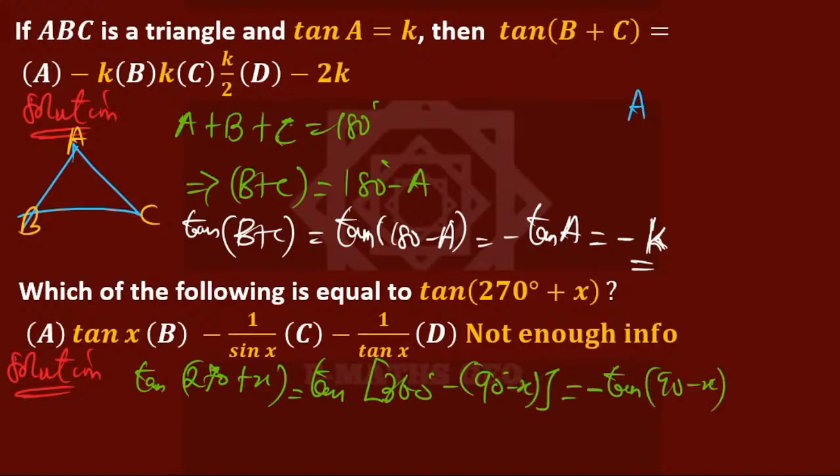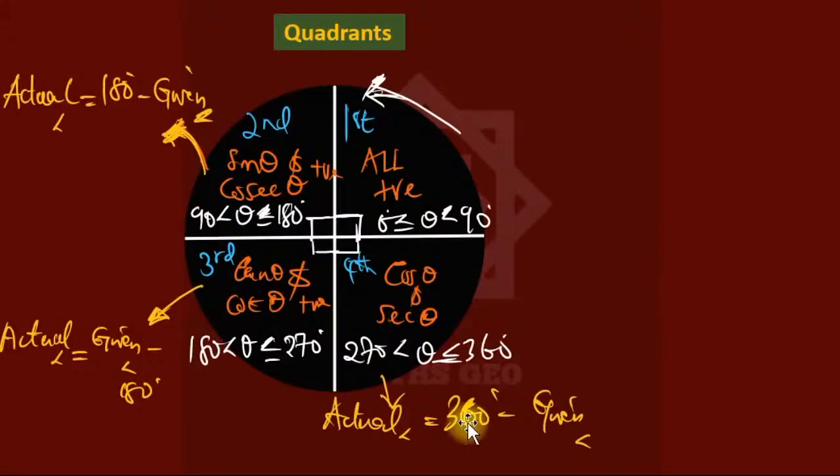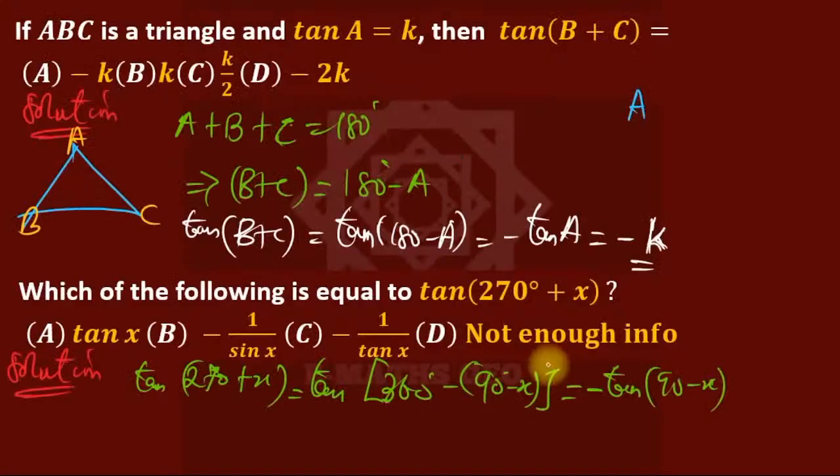From our quadrants, the actual angle is 360 minus the given angle, and tan is negative, since only sin, and cos are positive in... only cos and sec are positive there, others are negative.